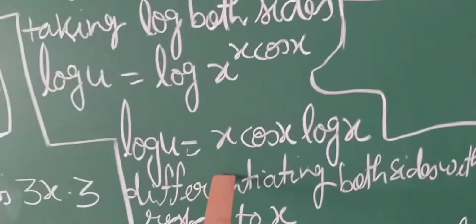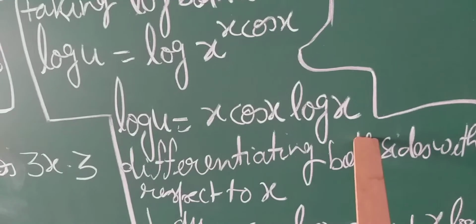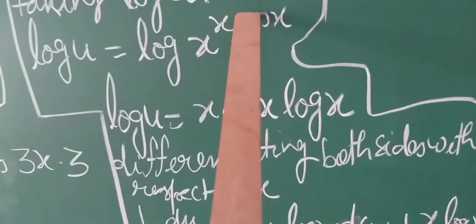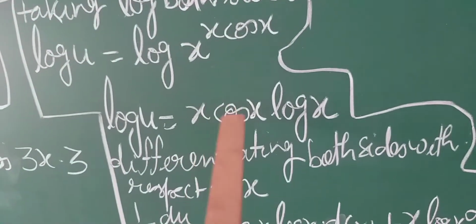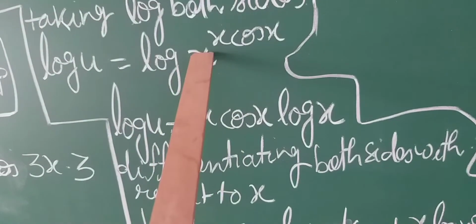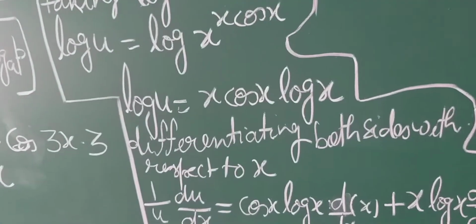Log u equals x cos x into log x. Here we have used the property log a to the power b becomes b log a. So it will become x cos x log x.